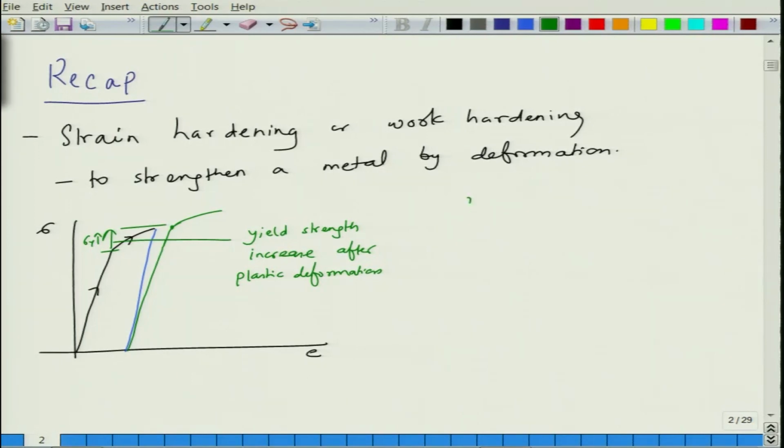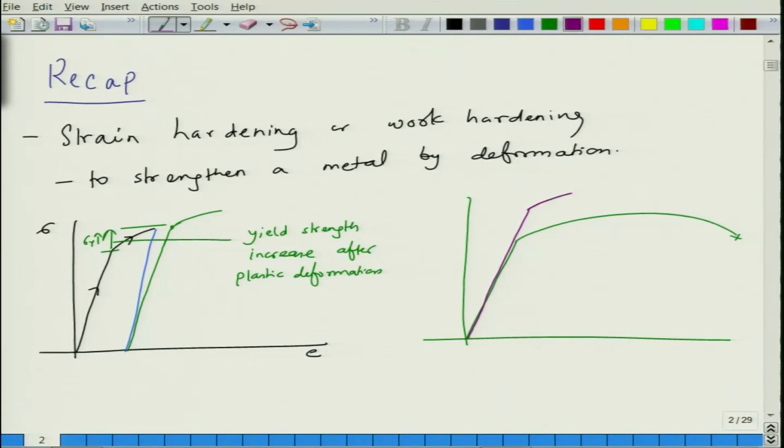When you make the plots, if a material is less deformed, it might show a behavior like this, but if you deform a lot, then the material will show behavior like this. So, this is with increase in deformation.